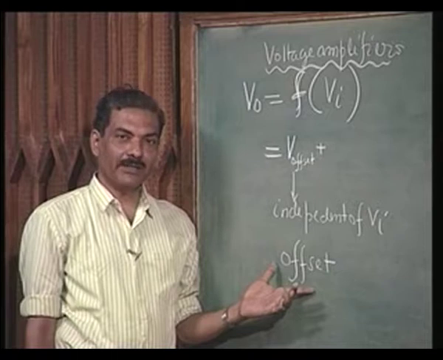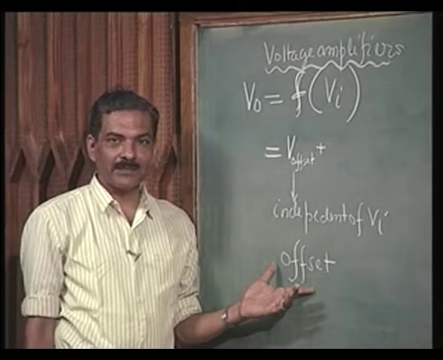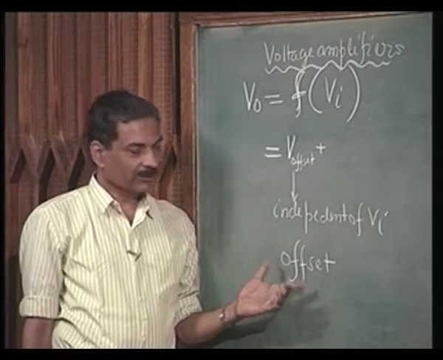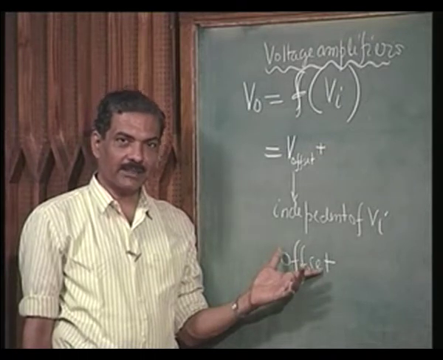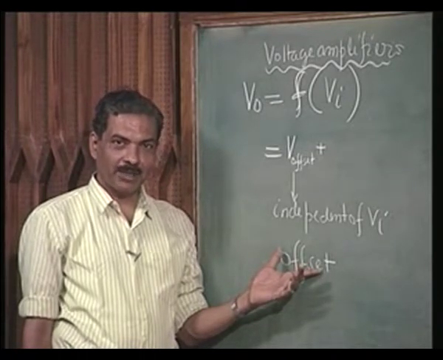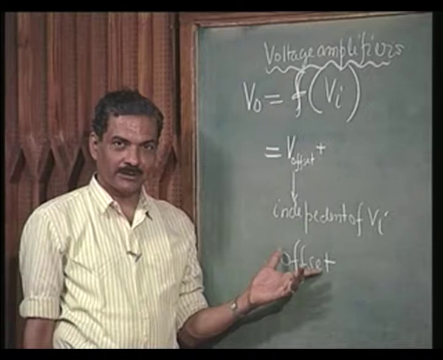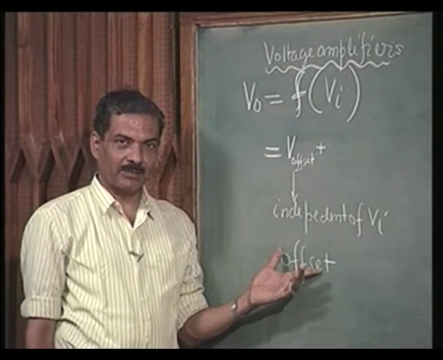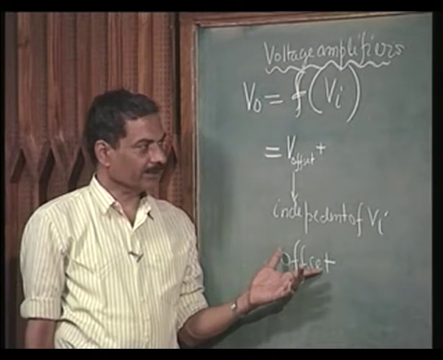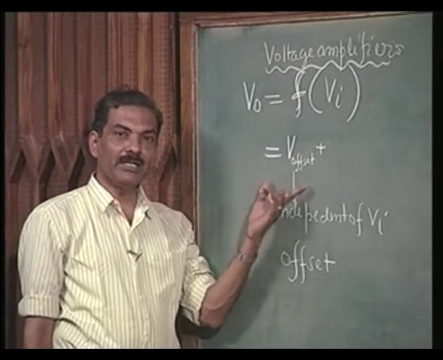You have to get rid of it by decoupling it by means of a capacitor. So, this is either called quiescent point voltage or offset voltage, depending upon your design of the amplifier. This is independent of Vi.